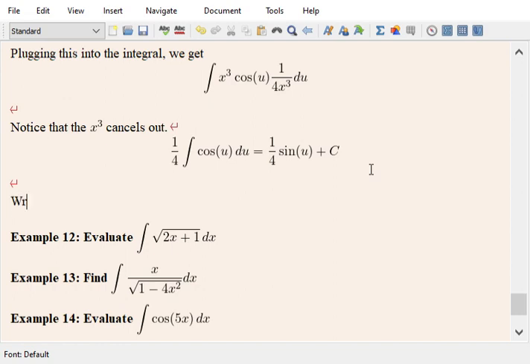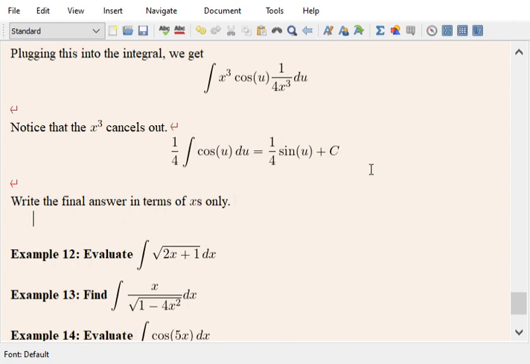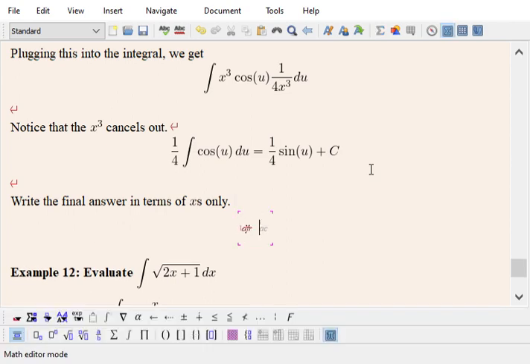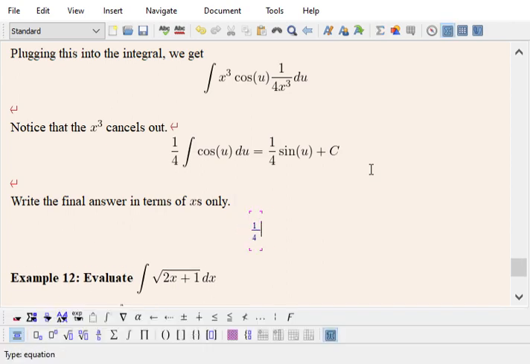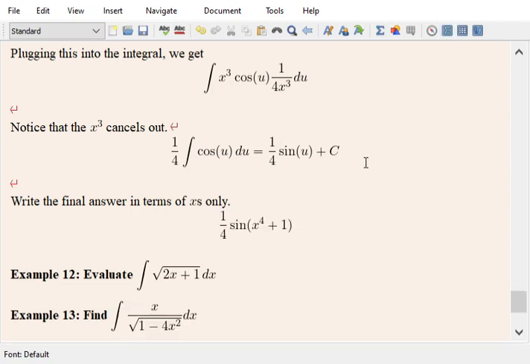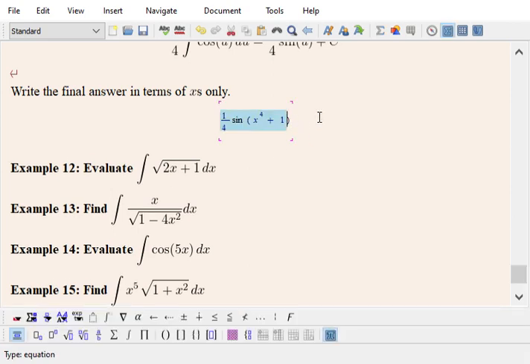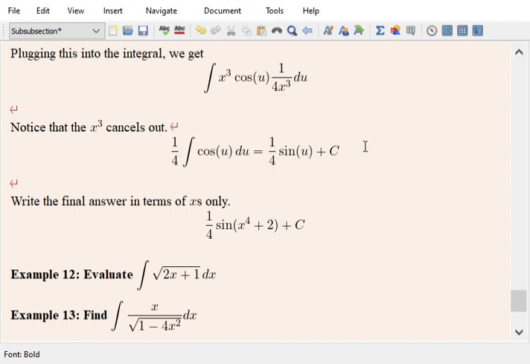So 1/4 sine of x to the 4th, I'm sorry, it was plus 2, plus c. And that's it.